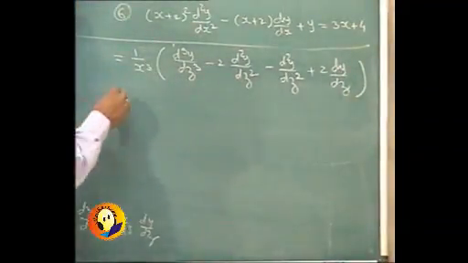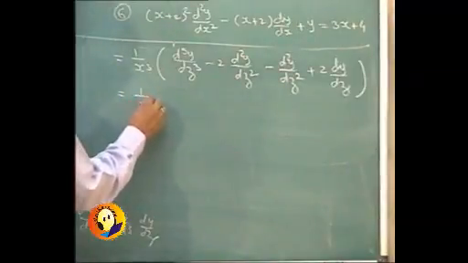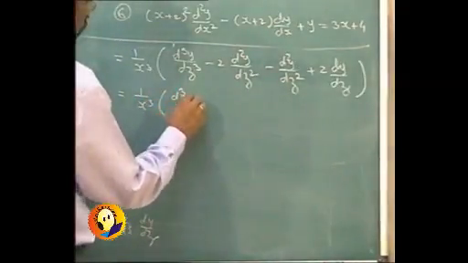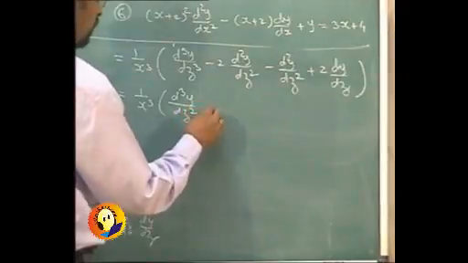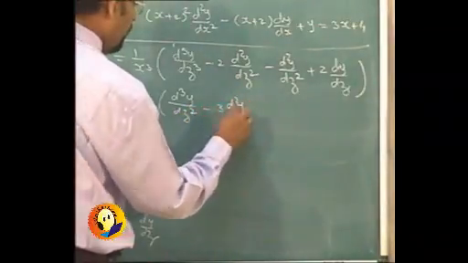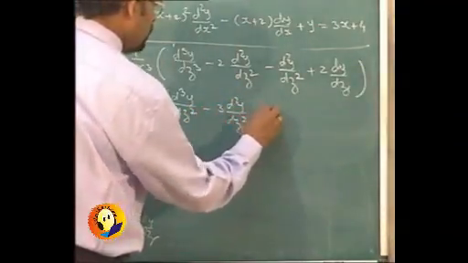So ultimately this will be 1 upon x cube into bracket d cube y by dz cube minus 3 d2y by dz square plus 2 dy by dz.